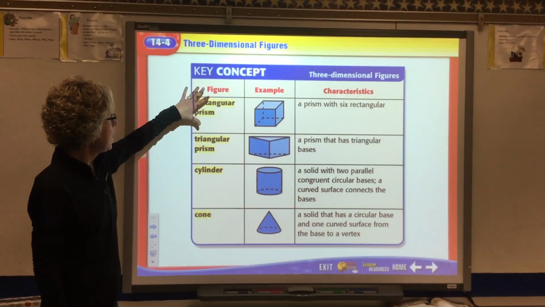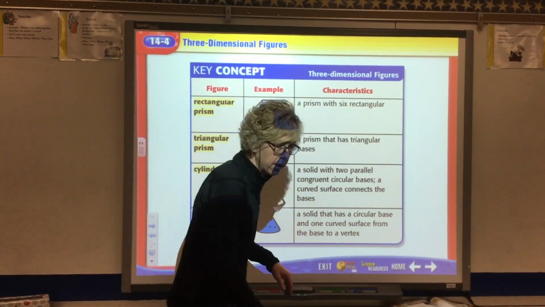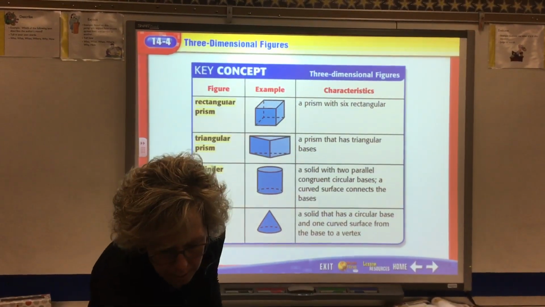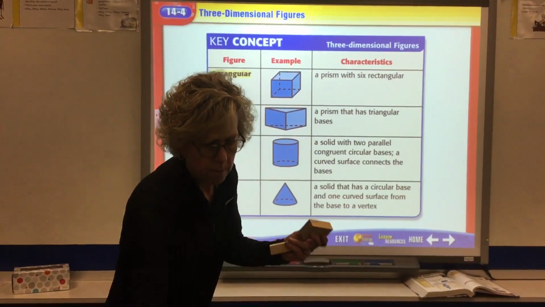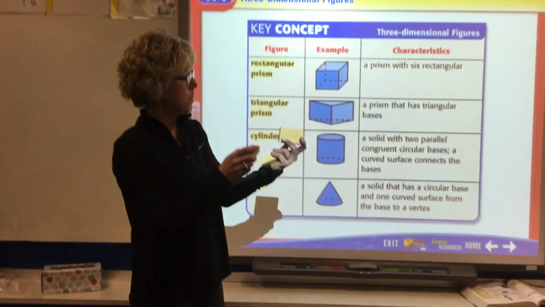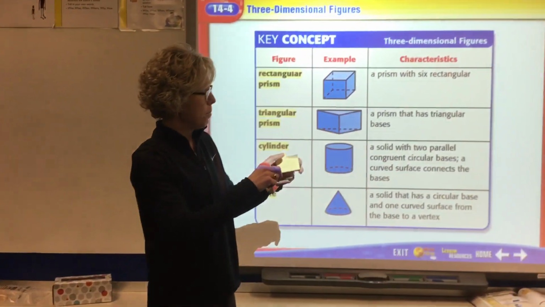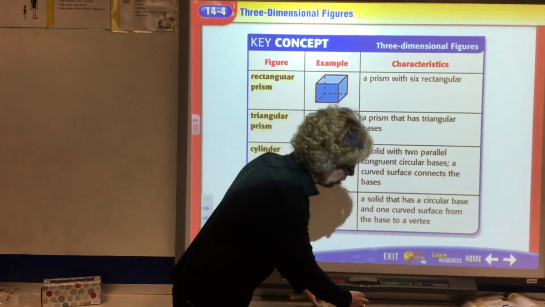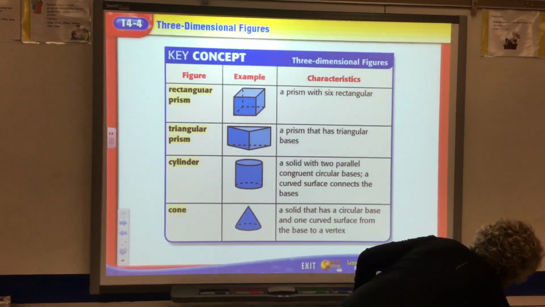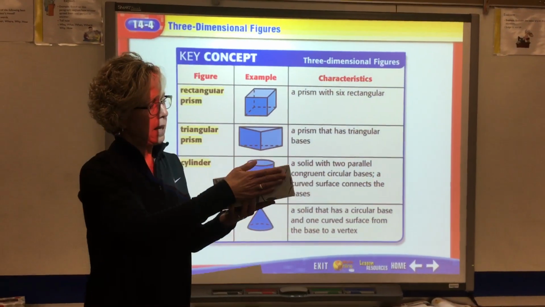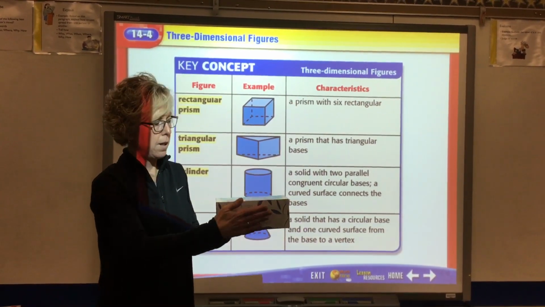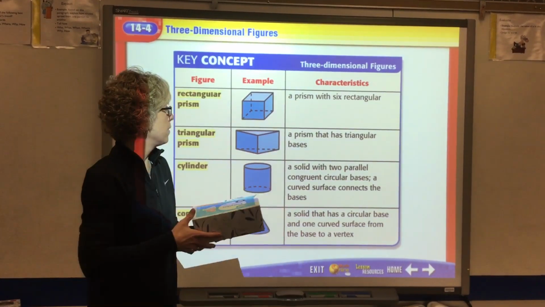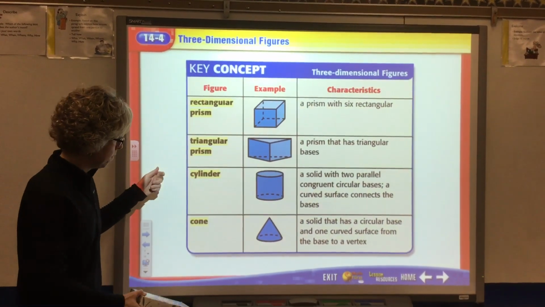Here you have a rectangular prism, and a rectangular prism is going to look something like these right here. You have 6 different faces, and I'm going to pull out my Kleenex box. Each one of these sides is a face. You've got the top, bottom, the front, and the back, and then the sides. This is a rectangular prism.